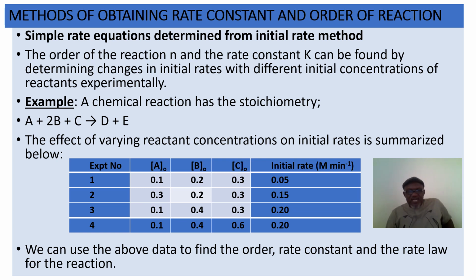The order of reaction n and rate constant k can be found by determining changes in initial rates with different initial conditions of reactant experimentally.